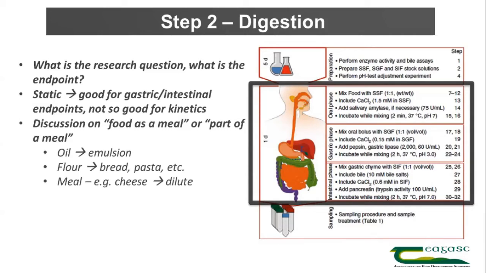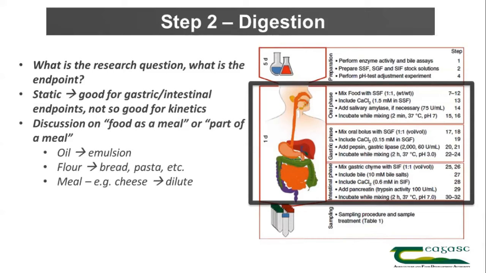So it is rare that you consume a meal of oil or fat. It is usually in emulsified form, part of a meal. Another example is flour. You never eat flour, but you have to transform it into something that is edible, bread or pasta or whatever it is.